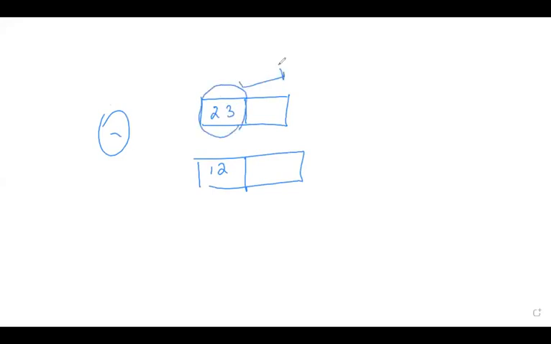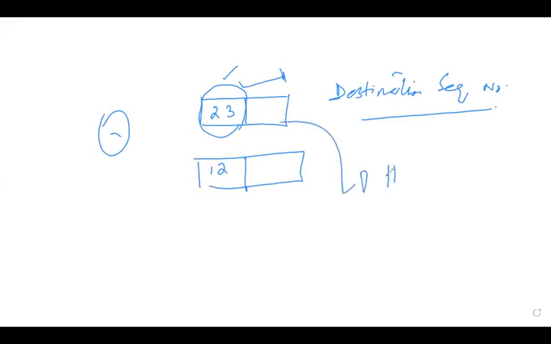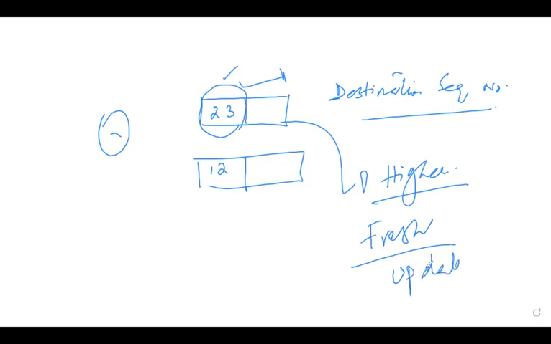So as you know, 23 is higher. This is the destination sequence number. As the destination sequence number of this packet is higher, we will consider that this data is more fresh, more updated than the last one. So it is more updated, therefore the node will accept the sequence number 23 and will leave the other one.